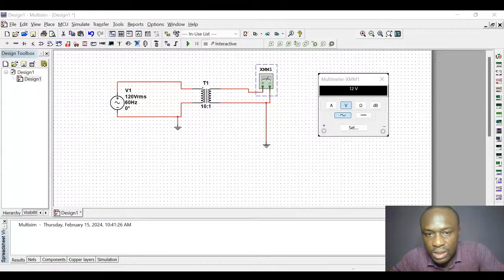Okay. Is the circuit diagram clear for you to see? Is it clear?